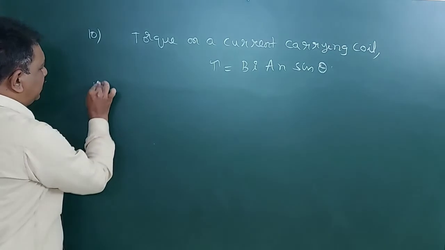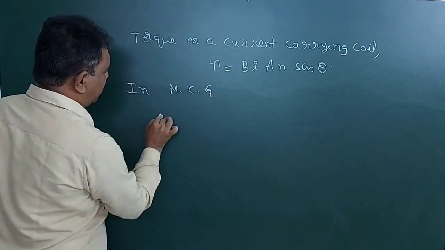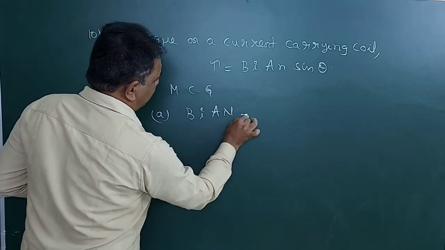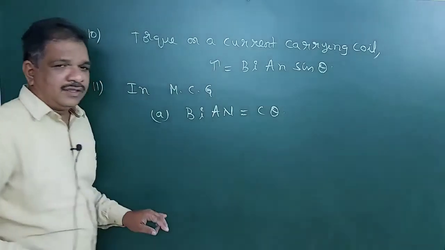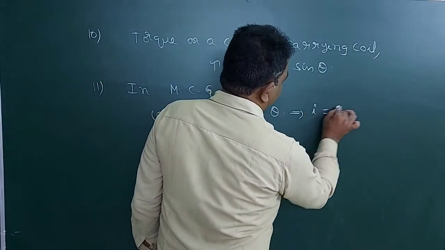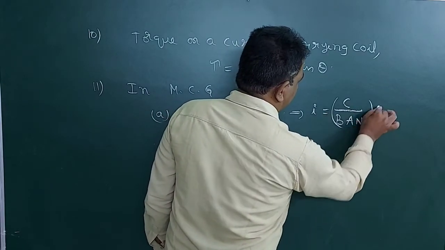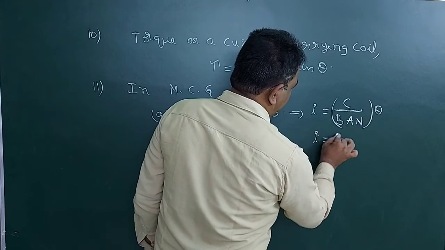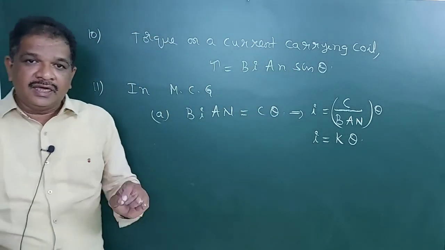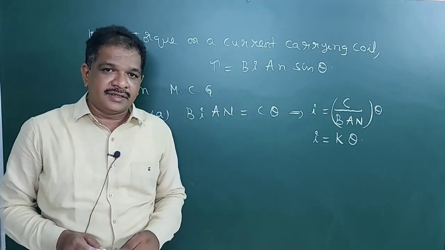Next, the moving coil galvanometer. In a moving coil galvanometer, B I A N is equal to C theta. From this, I is equal to C by B A N into theta. I is equal to K theta. K is called the galvanometer constant.